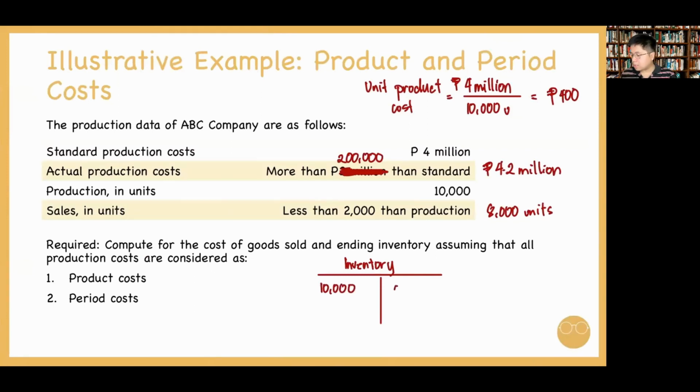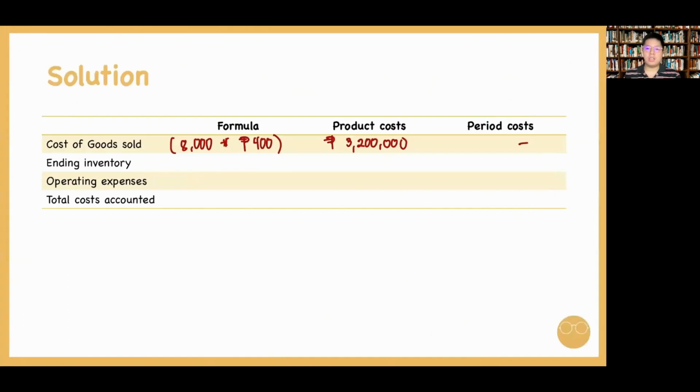Then we will sell 8,000, meaning to say in terms of the units, we will have an ending inventory of 2,000 units. Then the 2,000 units here, we will multiply by 400. We will have 800,000. And because the ending inventory is not yet sold, meaning to say it is still in the product cost, 800,000.